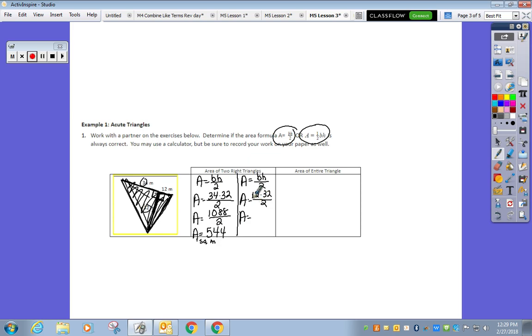Then if I do 12 times 32, I wind up with 384, which I'll divide by 2, and that would give me 192. And again, it's square meters. So if I want the entire triangle, I would add the two right triangles together, and I would get 736 square meters.